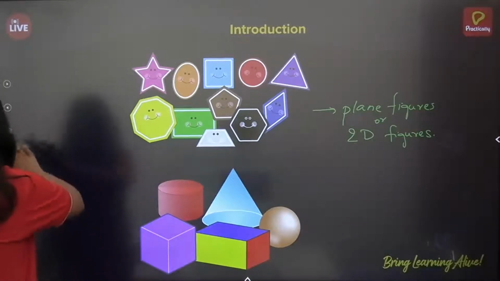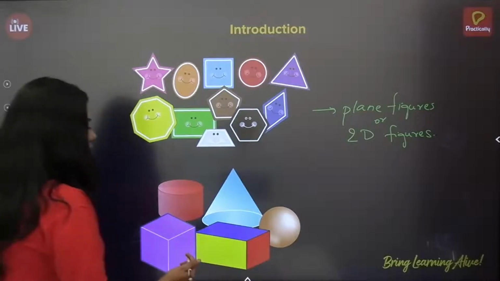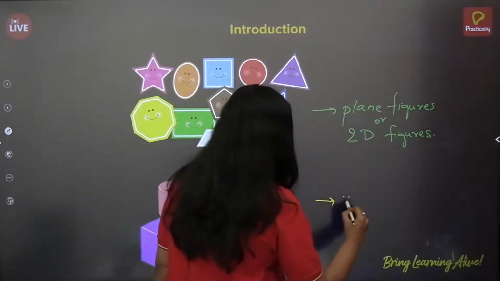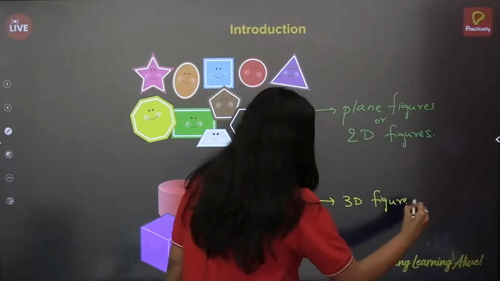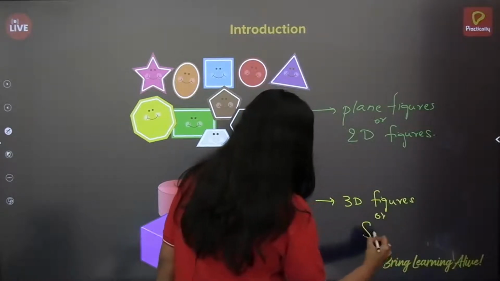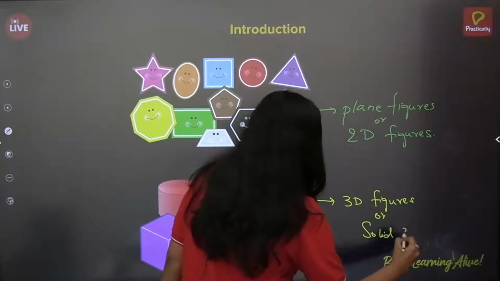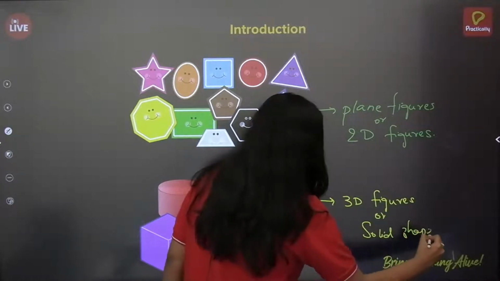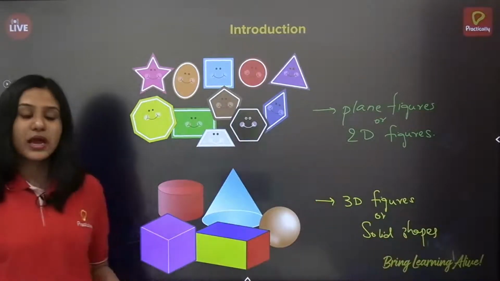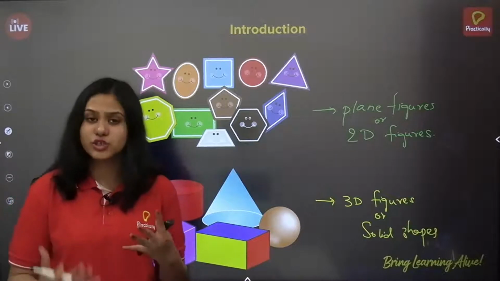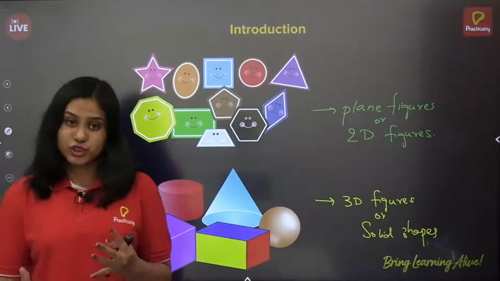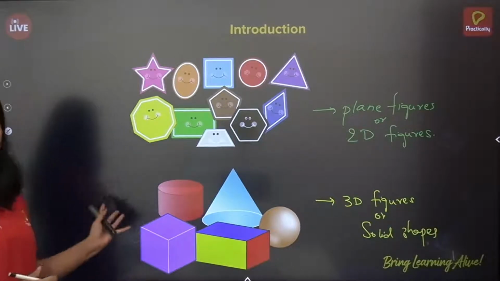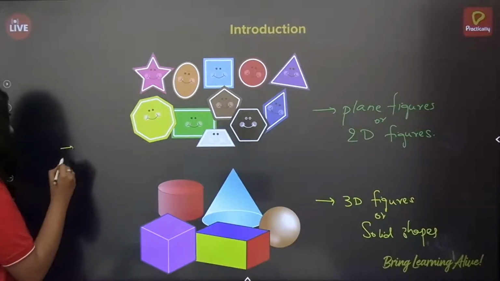Let us just name that as well. Three-dimensional figures, or you can also call them solid figures or solid shapes. Now can you all name a few solid shapes or three-dimensional figures? Let us see what all shapes you know.